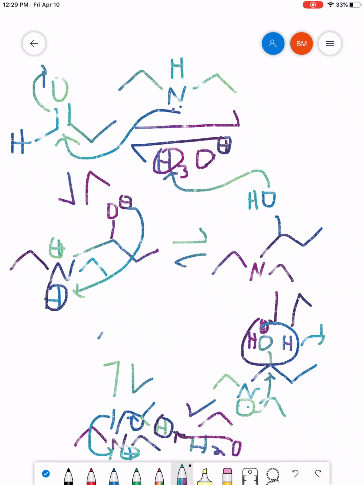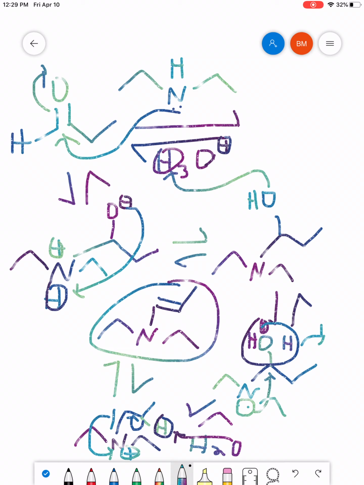And voila, that creates the nitrogen-carbon single bond. And now you have a double bond directly adjacent to that. And that is the formation of your enamine.